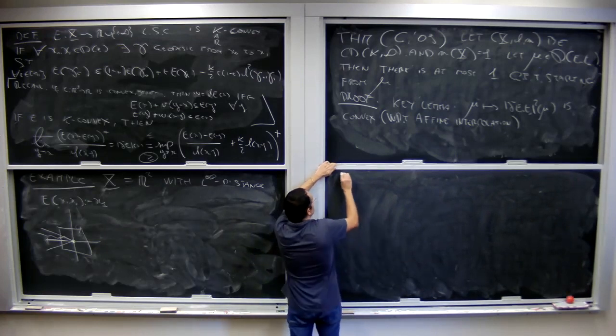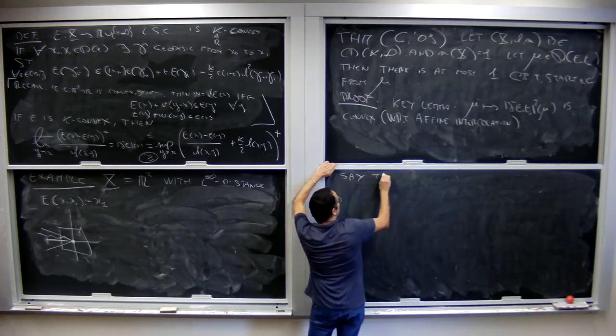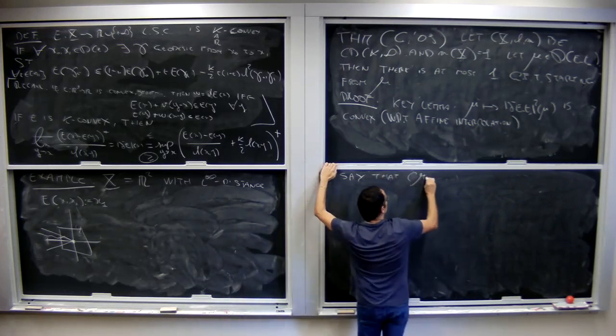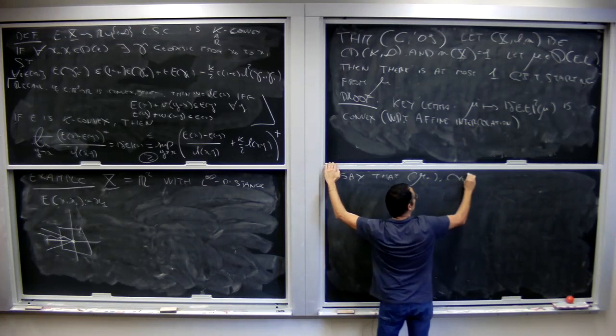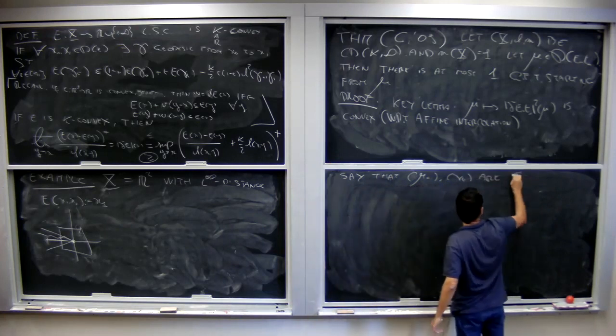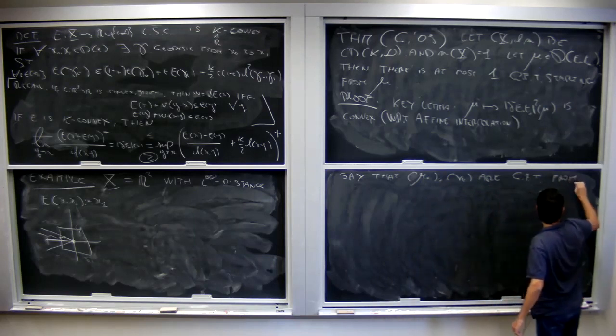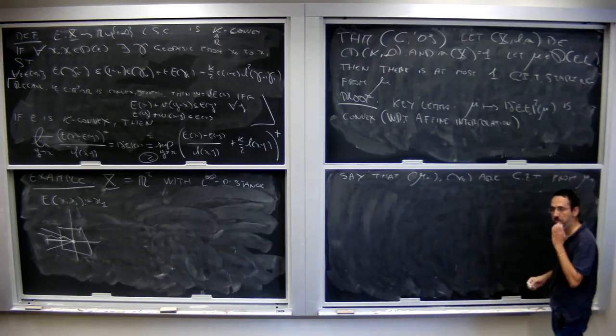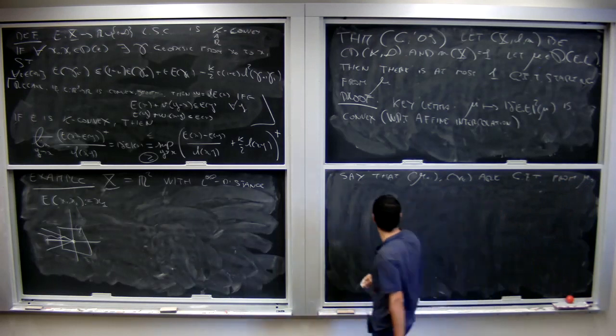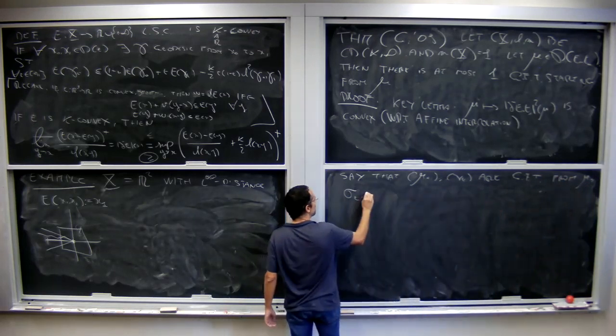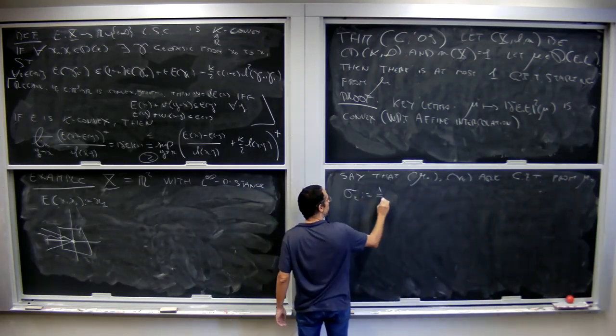Say that mu_t and nu_t are two gradient flow trajectories starting from the same mu_0, and consider the curve sigma_t. Just take the average.